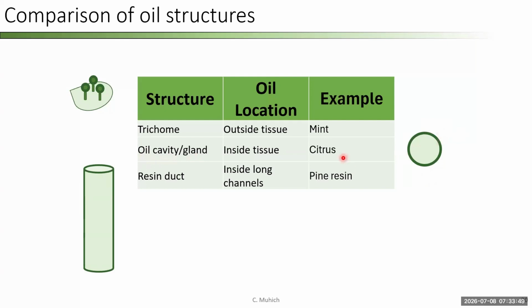So think citrus and myrtle families, myrtle containing eucalyptus, where the desired oil sits within these spherical vessels. And then the last major structure is our resin duct. So these are, again, inside the tissue, but are long cylinders. And so an example would be pine resins and things like frankincense.